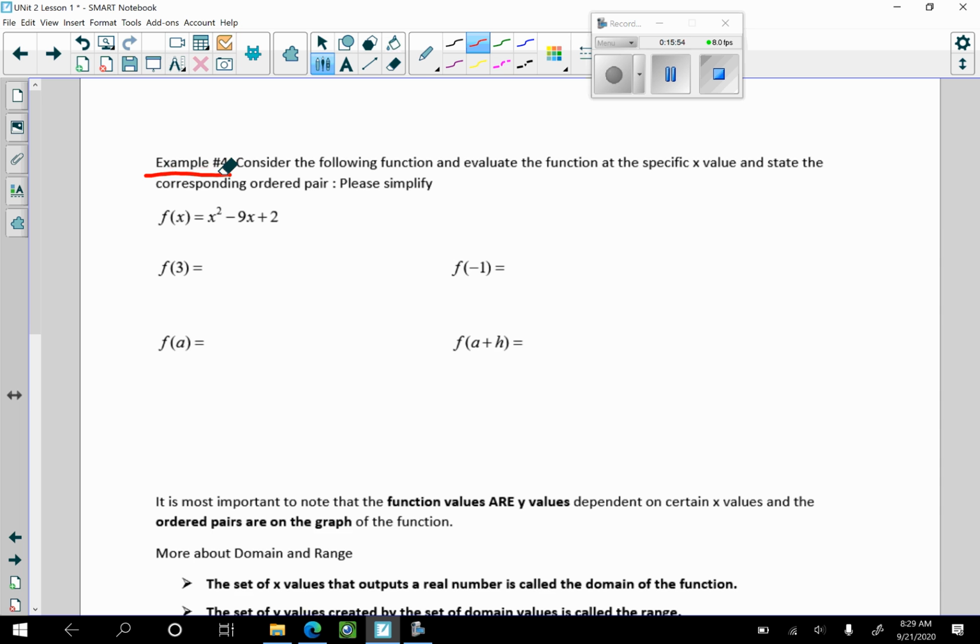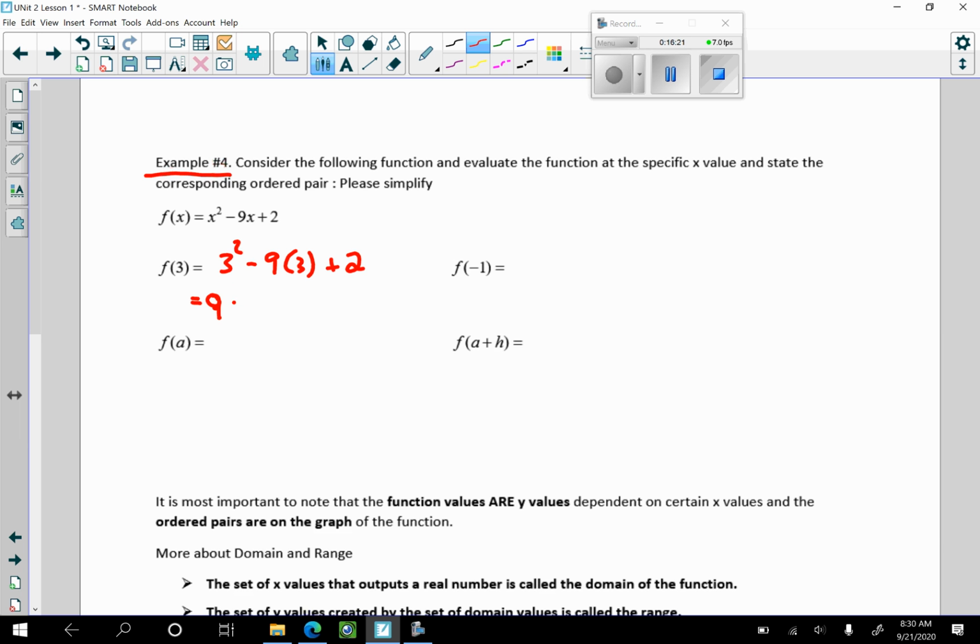Example 4, consider the following function, evaluate the function at the specific value, and state the corresponding ordered pair. Please simplify. So f of 3 is going to be easy. I just put 3 in wherever I see x. So it's going to be 3 squared minus 9 times 3 plus 2. Help me with the arithmetic. 3 squared is 9.